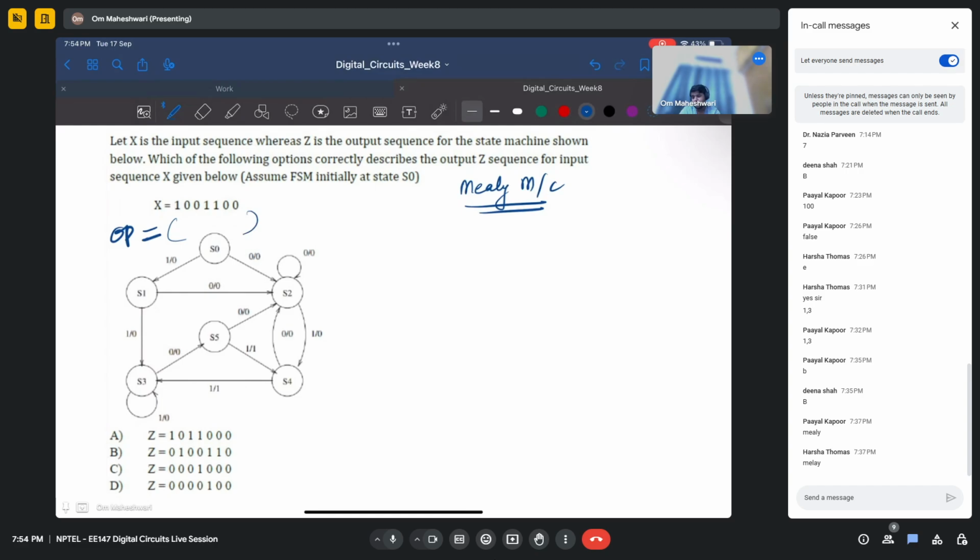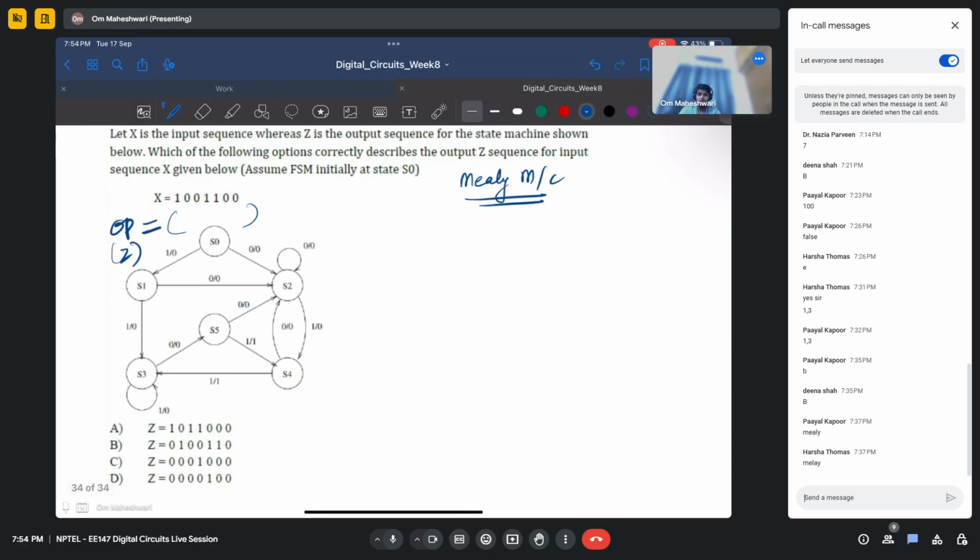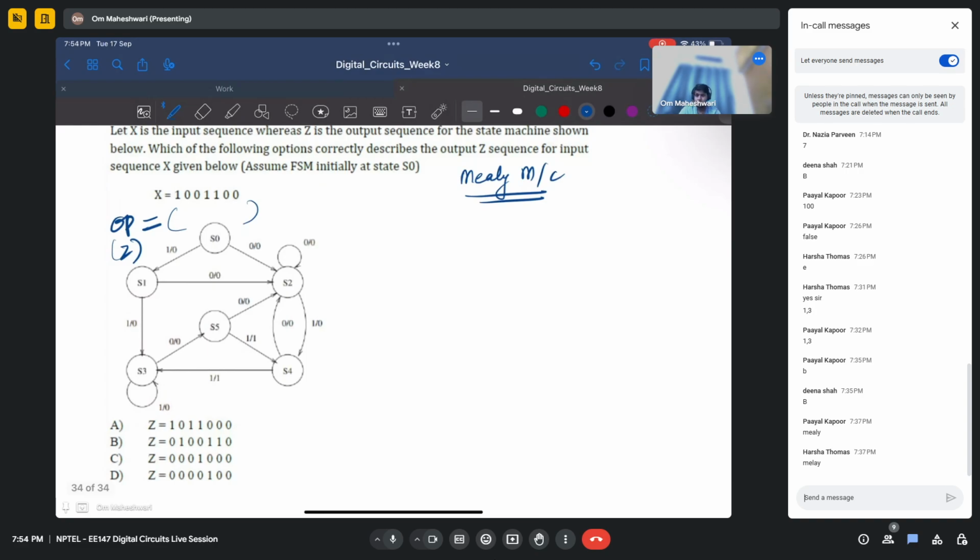Okay, so can anyone attempt it quickly in a minute? So you start with S0, then give these inputs, then check what is the corresponding output.